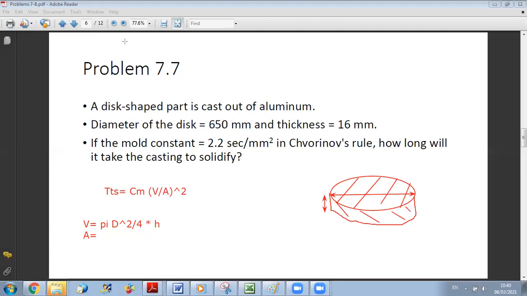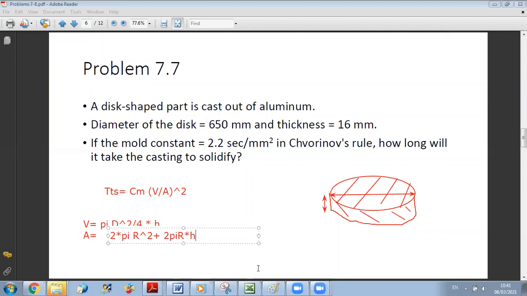So the total area is 2 times the base area, which is 2 times pi d square over 4, or r square if you want, plus, for the lateral circumference, 2 pi r times the thickness h.